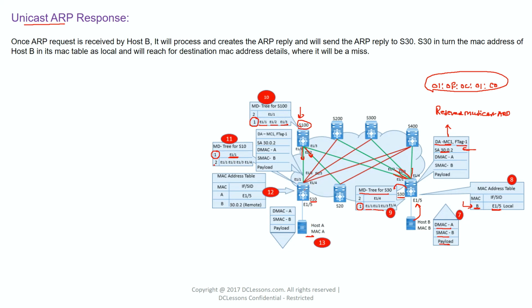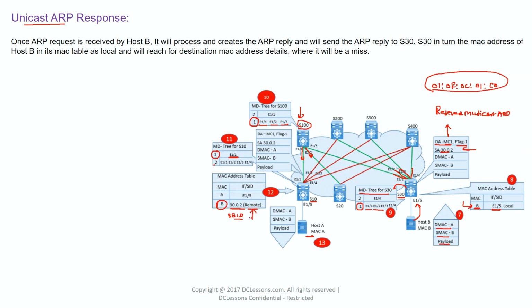Now, upon receipt of the unicast ARP, the host switch, switch 10, will learn the MAC address of B pointing towards this switch ID. So in the MAC address table of switch 10, host B MAC address is learned, and it points to 30.0.2 as a remote. So this indicates that host B is connected to switch ID 30.